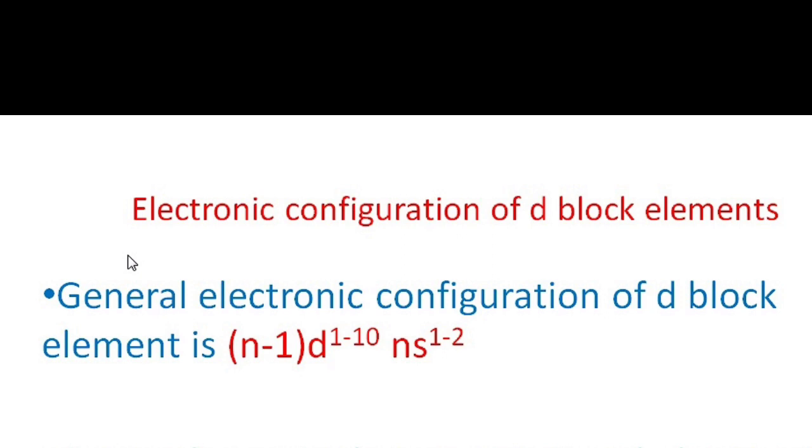Now moving to the electronic configuration of transition elements. The general electronic configuration of transition elements is (n-1)d1 to d10 and ns1 to 2.